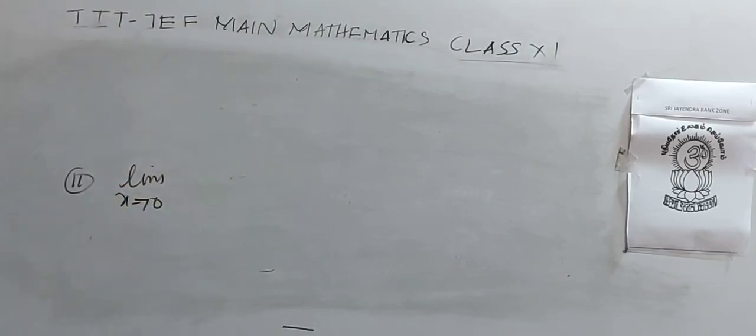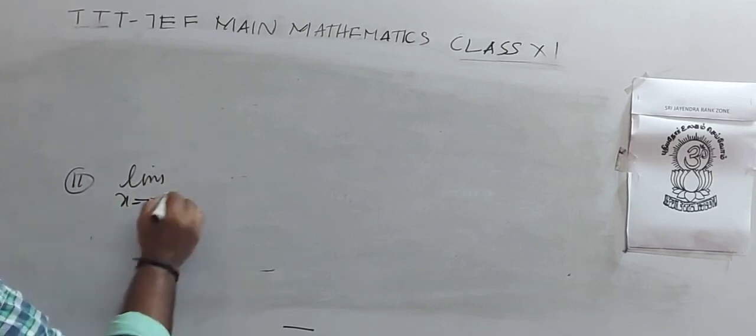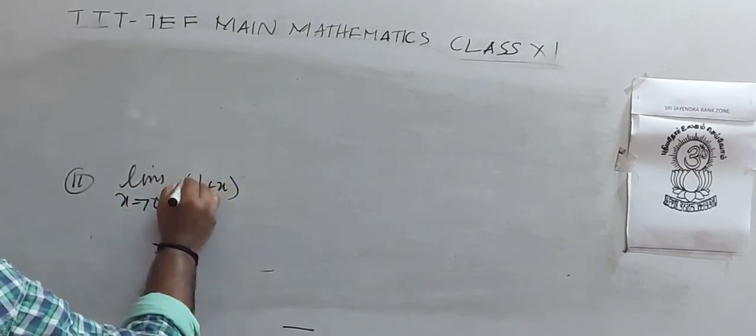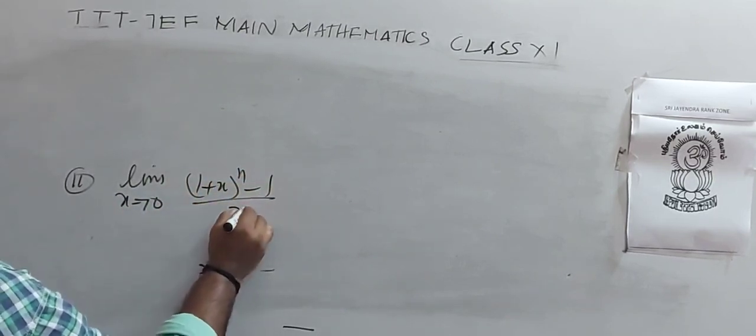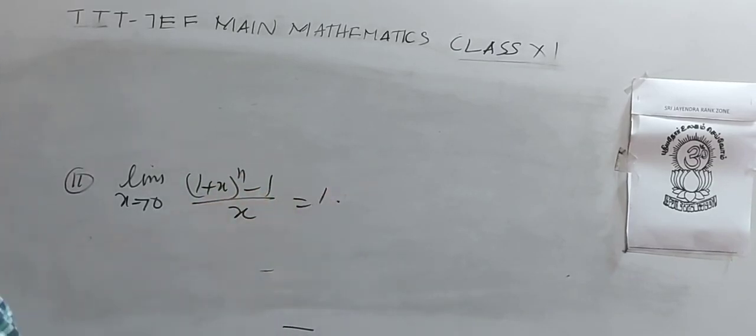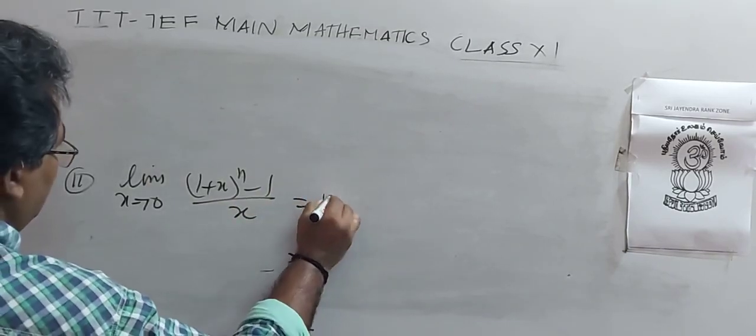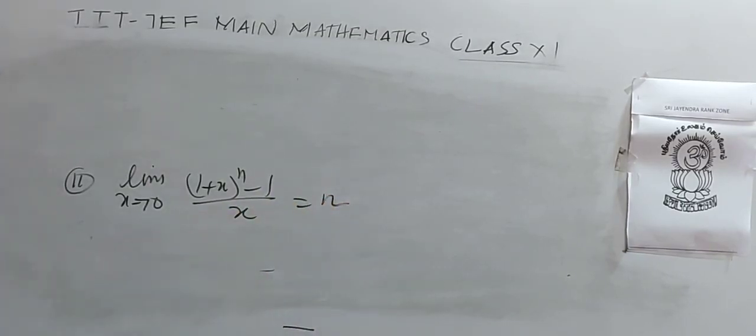Limit x tends to 0 of ((1 plus x) whole power n minus 1) by x equals n.